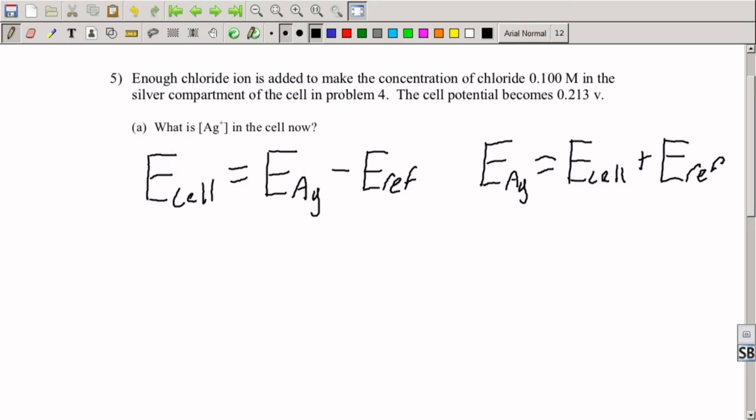Okay, so let's go ahead and do that here. My cell potential is 0.213 volts.